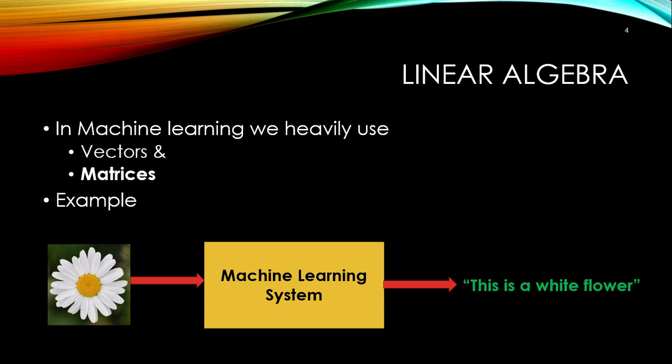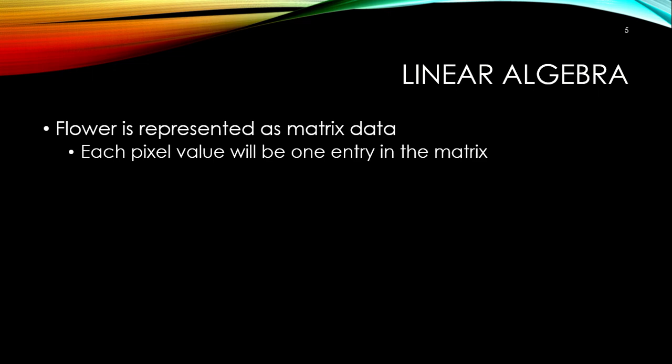So here our concern is to convert this image, this white flower image, into a number format. So the widely accepted representation of images is in the form of matrices. So the flower is represented as matrix data.